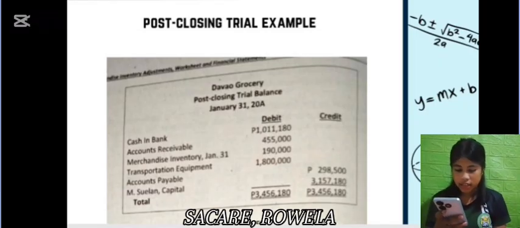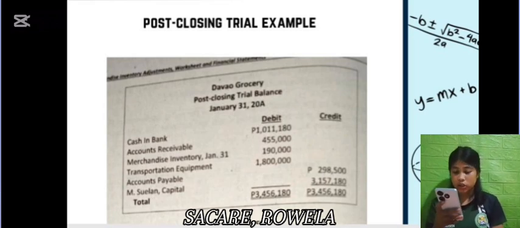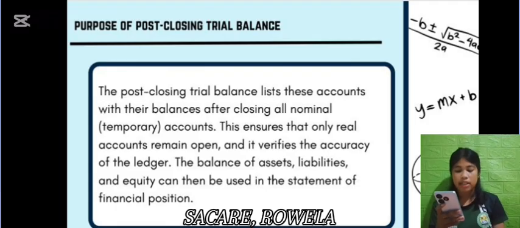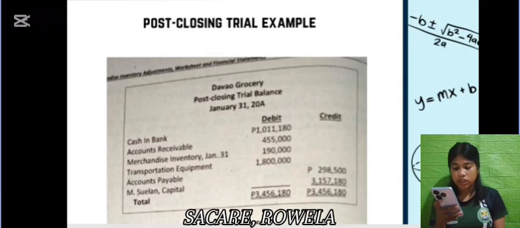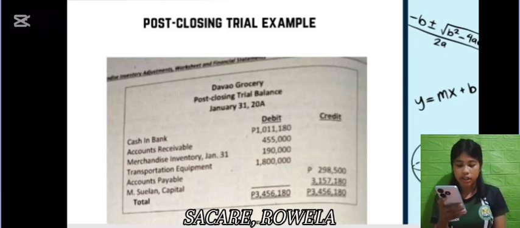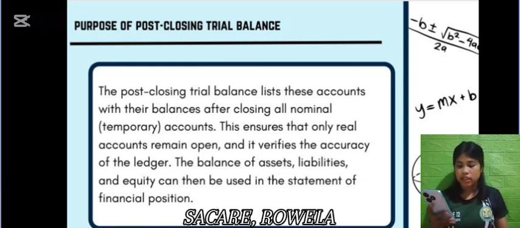And then sa slide 6, the image shows the post-closing trial balance for Dabur Grocery as of January 31. A post-closing trial balance includes only permanent real accounts, which are the accounts that appear on the statement of financial position. Here is a breakdown of this post-closing trial balance. Debit accounts. Sa debit kay mao ni ang mga total.